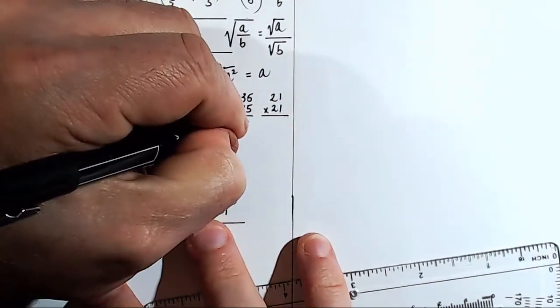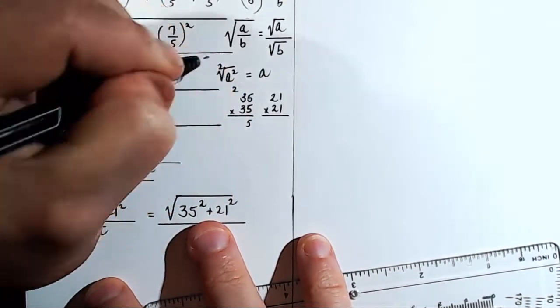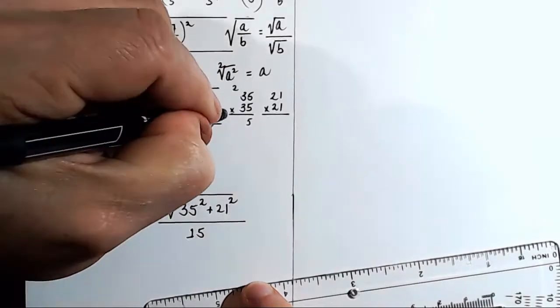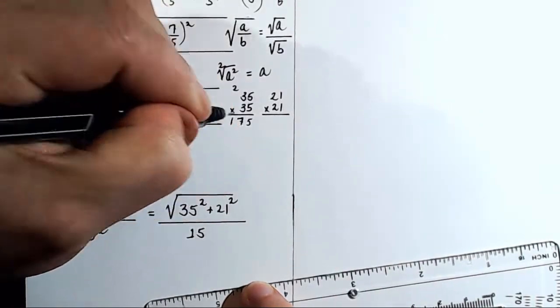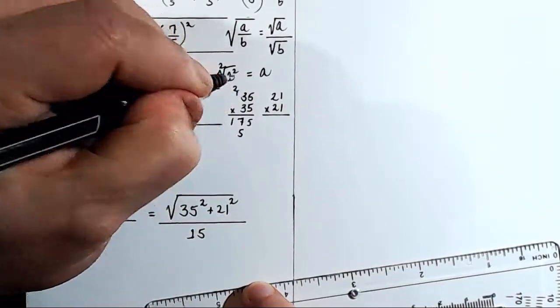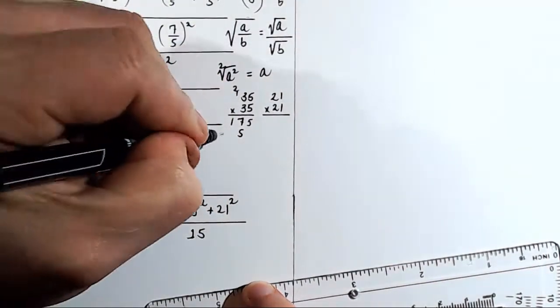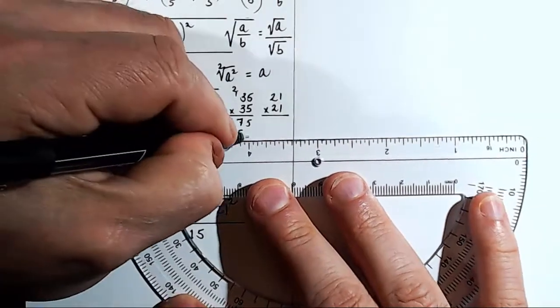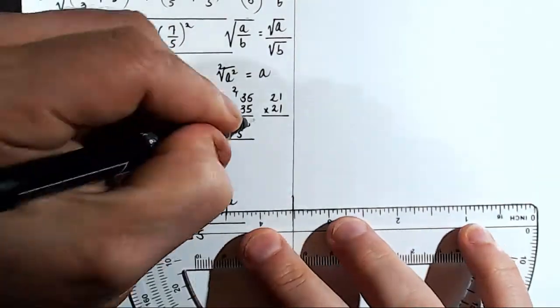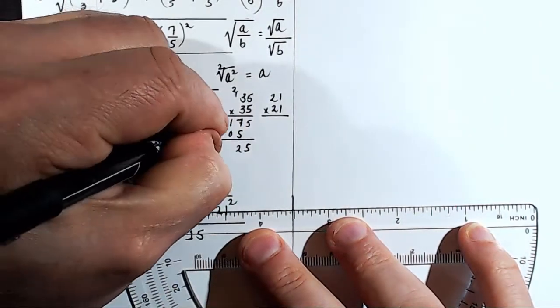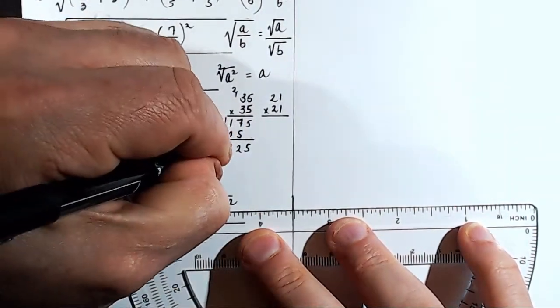5 times 5 is 25. 3 times 5 is 15, plus 2 is 17. 5 times 3 is 15. Carry the 1. 3 times 3 is 9, plus 1 is 10. Bring down the 5. 7 plus 5 is 12. Carry the 1. 1 plus 1 is 2.